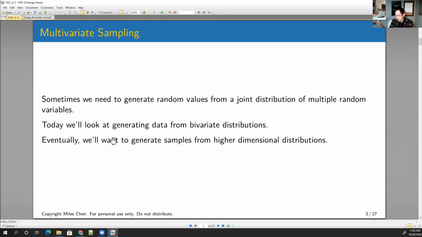We'll look at Markov chains next week, and build up and work our way towards the Metropolis algorithm and Gibbs sampling, and those are ways for us to generate samples from higher dimensional distributions. But today, just bivariate distributions, using tools that are available to us right now.